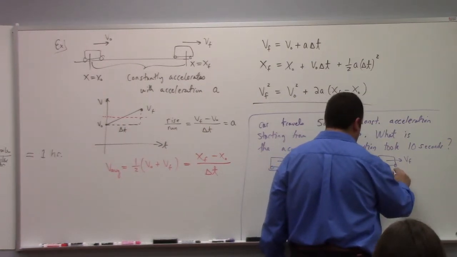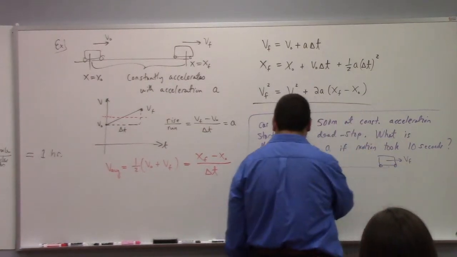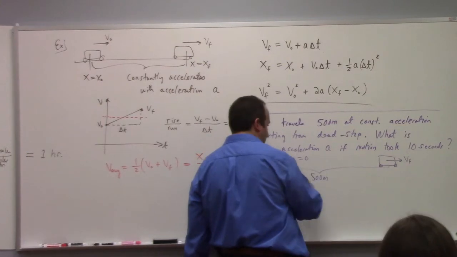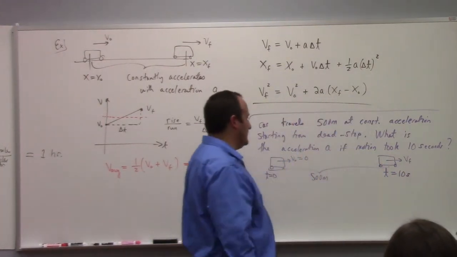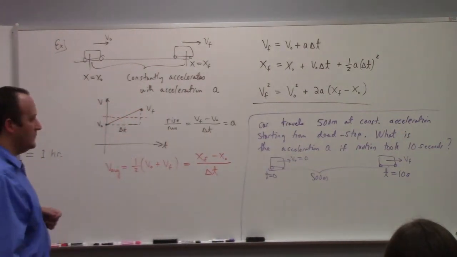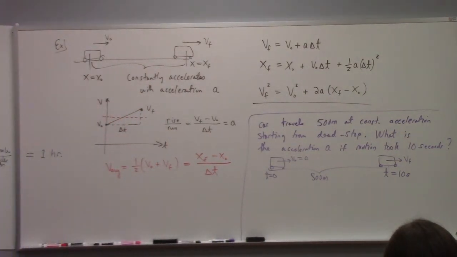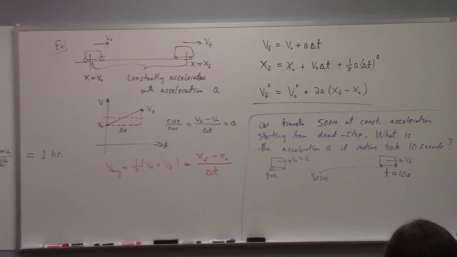I know that if this is t equals 0, this is t equals 10. What's my question? What's the acceleration a? Now, is there enough information to solve this problem? I hear no, I hear a yes. How would you do it?